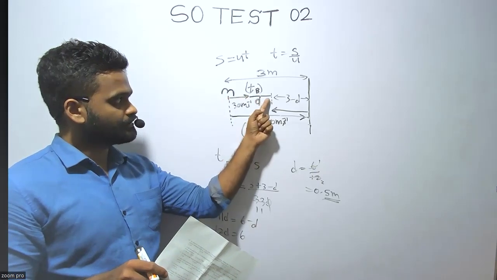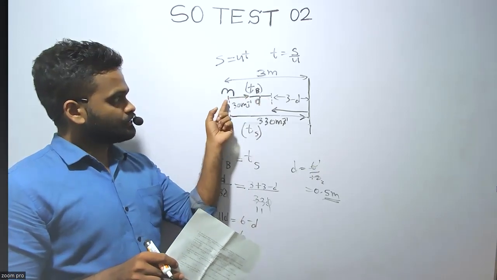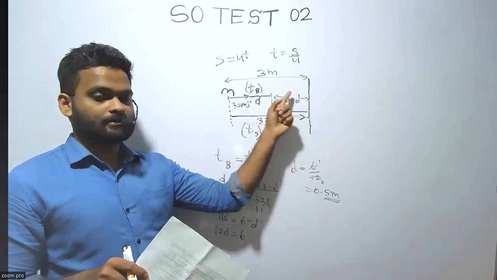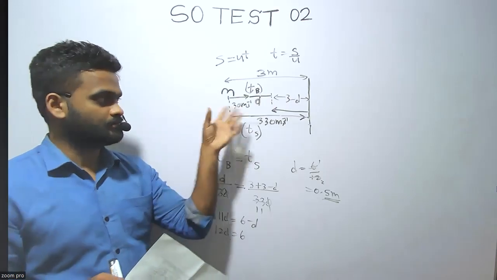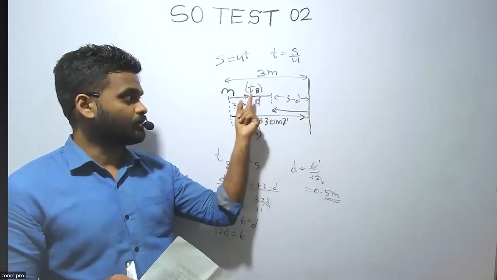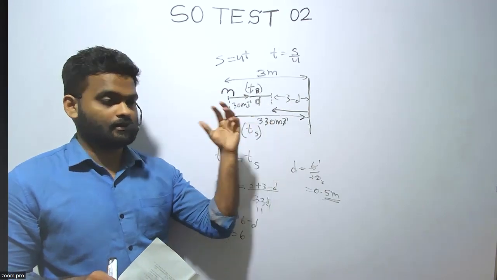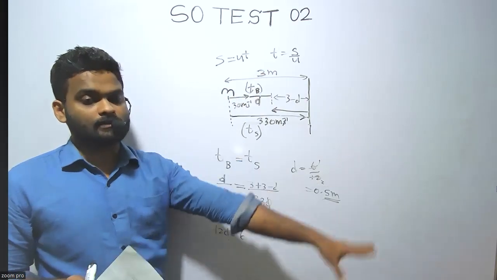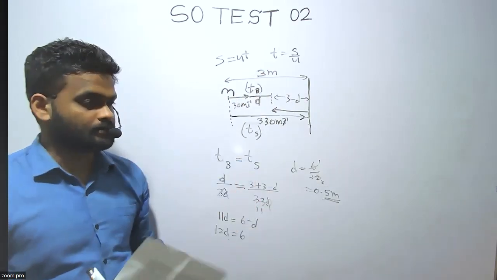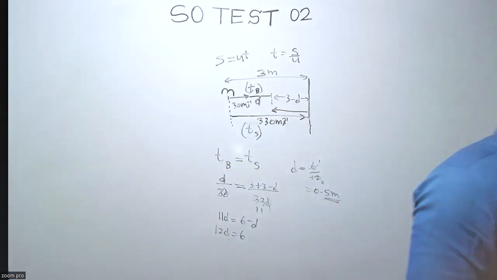So d is 0.5 meters. Still there's 2.5 meters for the bat to go. So the bat is safe right now, right? Bat doesn't collide. Now the bat notices the sound reflecting off the wall, so the bat won't collide on the wall, right? So that's how the bat notices whether there are any barriers in front of it.